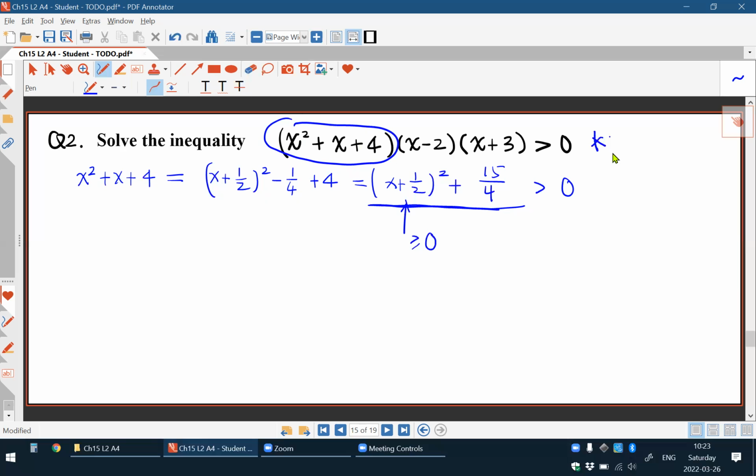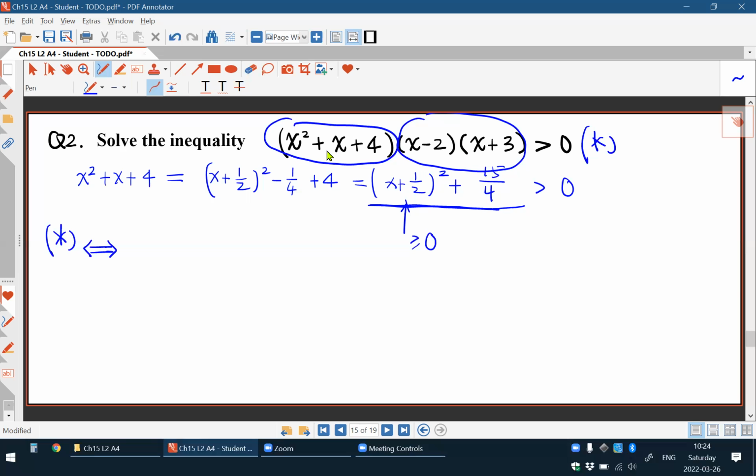Okay, so let's mark it as asterisk. The original expression must be equivalent to, okay, if the first part is always positive, the product of the first part and the second part here is a positive number, right? Does that mean we know the sign of the second part?